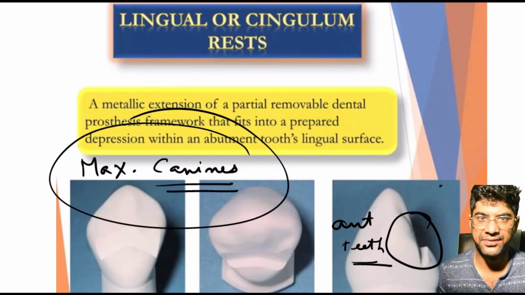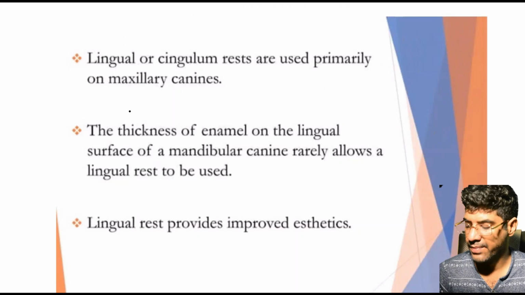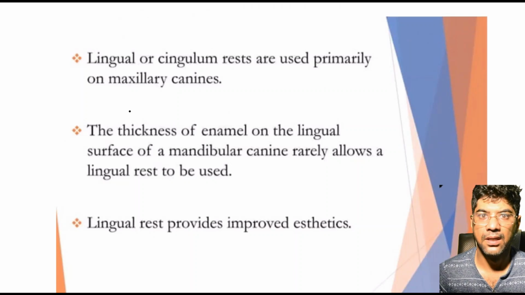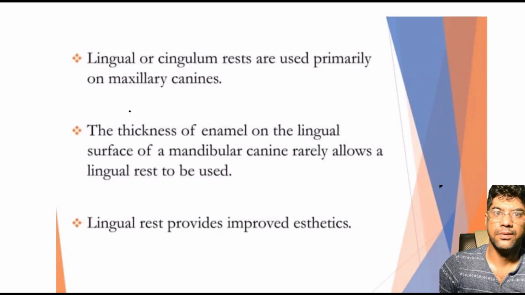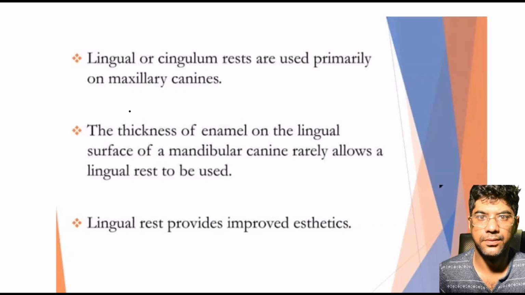These rests are designed to provide support and help distribute the occlusal forces along the long axis of the tooth. They are generally fabricated on the maxillary canine. And a cingulum rest cannot be prepared on the mandibular canine due to the inadequate thickness of the enamel.